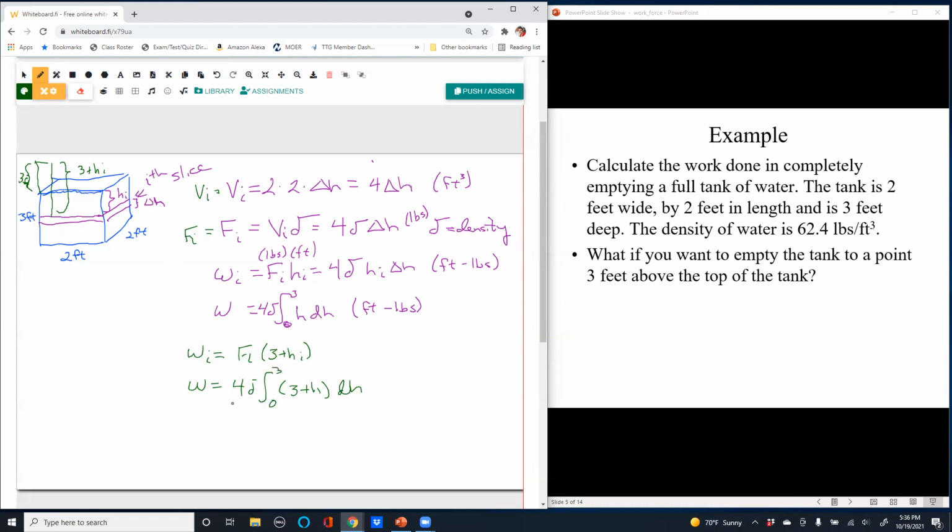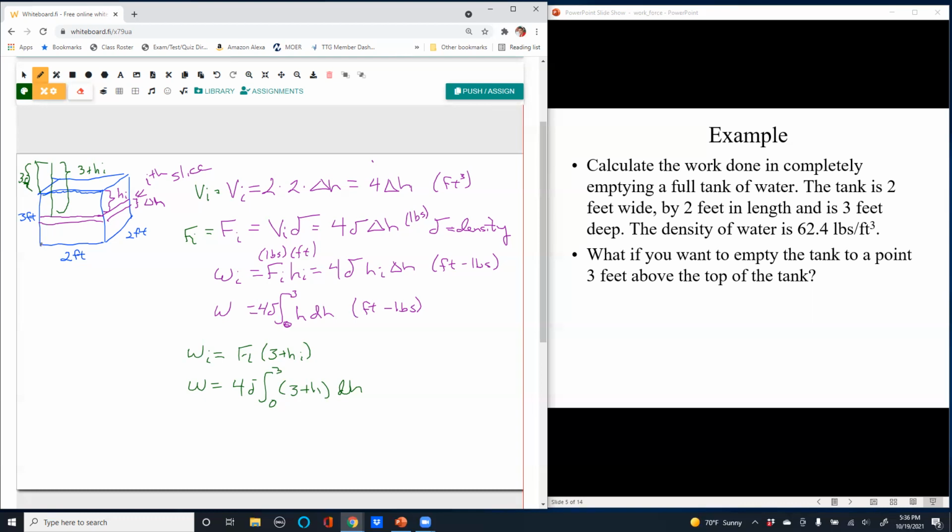Now here's why this makes sense. This slice that's at the very top has to go 3 feet to get out. Well, that's going to be when h equals 0, because that puts our distance at 3. We can also look at it up here. H sub I is 0. We have the force on the ice slice times 3 feet.